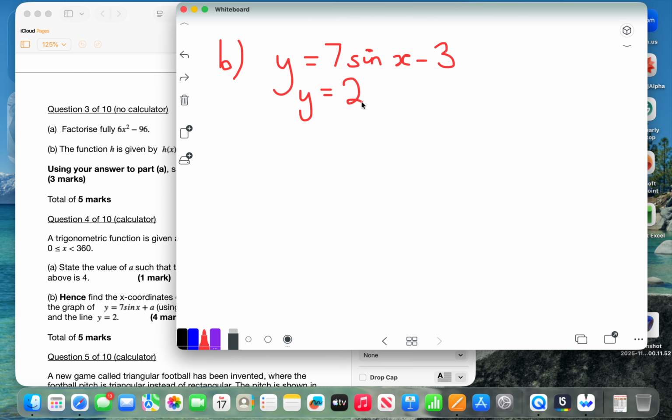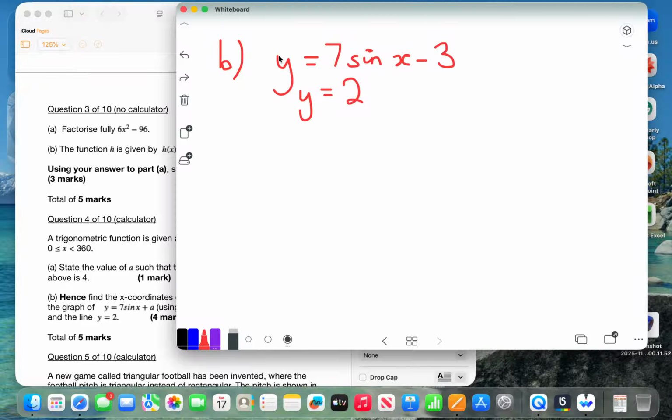Now these two graphs, and I call y equals 2 a graph because although it's a line, it's a horizontal line parallel to the x-axis, it's still a graph. Now if we want to find the points of intersection, we have to equate.